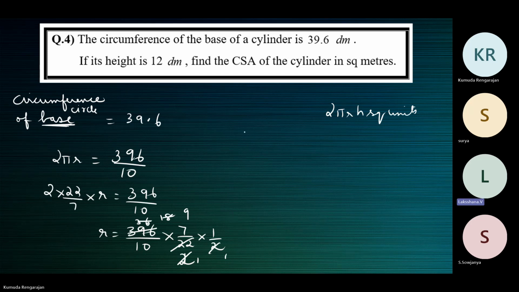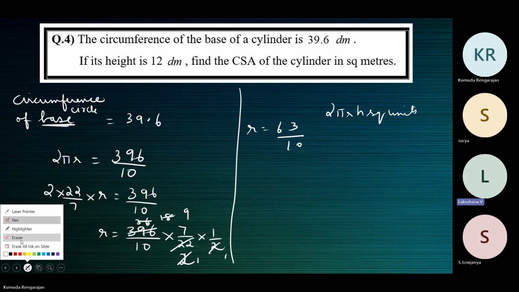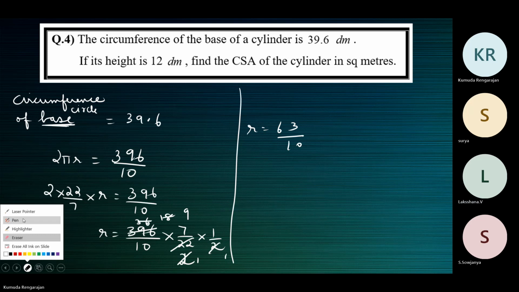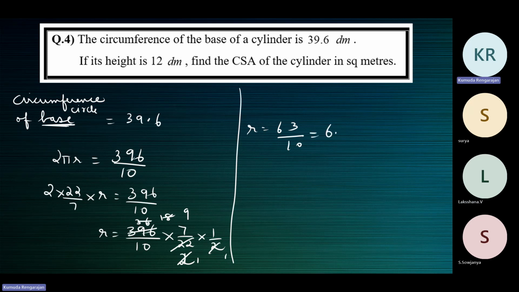Ma'am, so it's 63 by 10. R is equal to 63 by 10, 9 sevens are 63, which is 6.3. Units, 6.3 decimeter. Now, what's the formula to find the CSA?